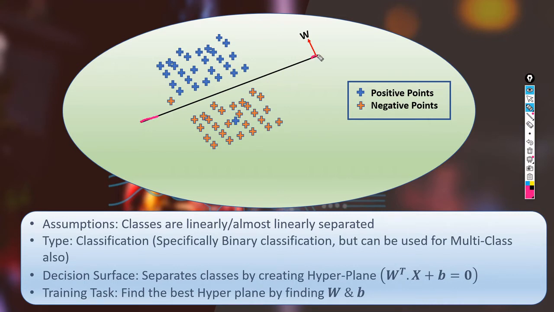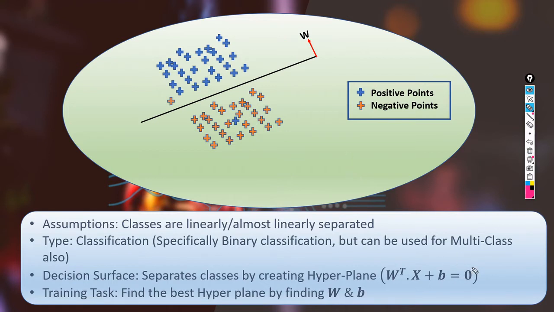It splits the whole vector space into two halves. Any point on this side will be classified as positive, and any point on this side will be classified as negative. In logistic regression, this decision surface is a hyperplane.